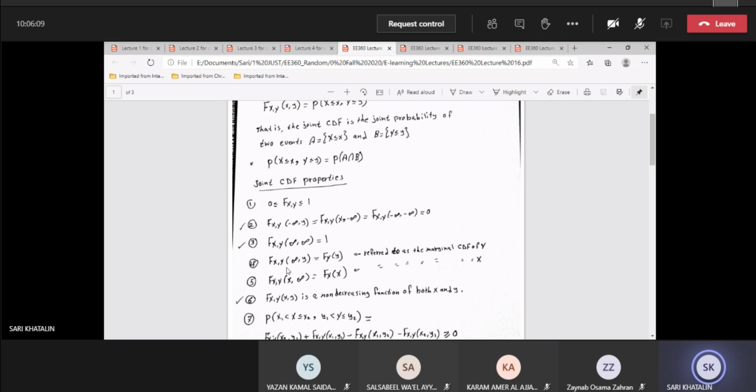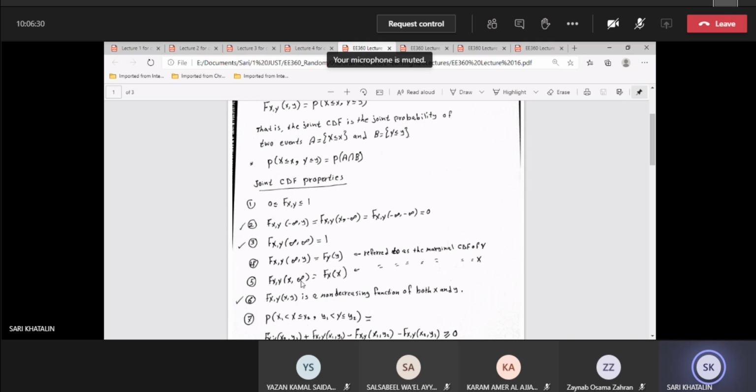Then the joint CDF of x and y, where x goes to infinity, is equal to the CDF of y, which we're going to refer to as the marginal CDF, like the single CDF for y.